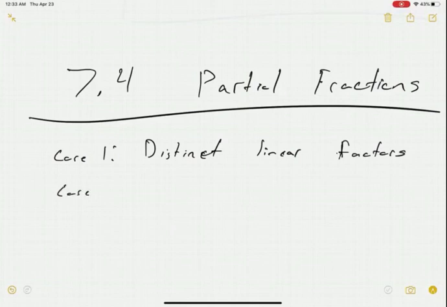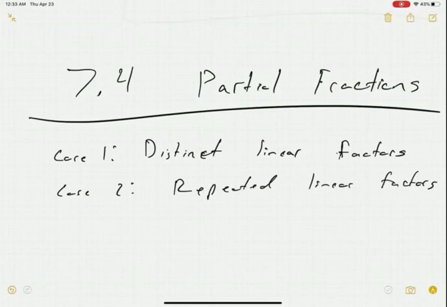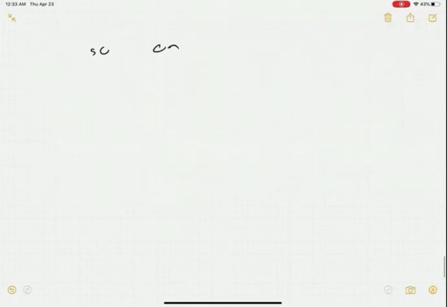Case 2 is repeated linear factors, and so on. We have case 3 and case 4, so always know those as well. The only thing we need to be aware of is that when we break up our integral by partial fractions and then integrate, we usually get 3 types of integrals.